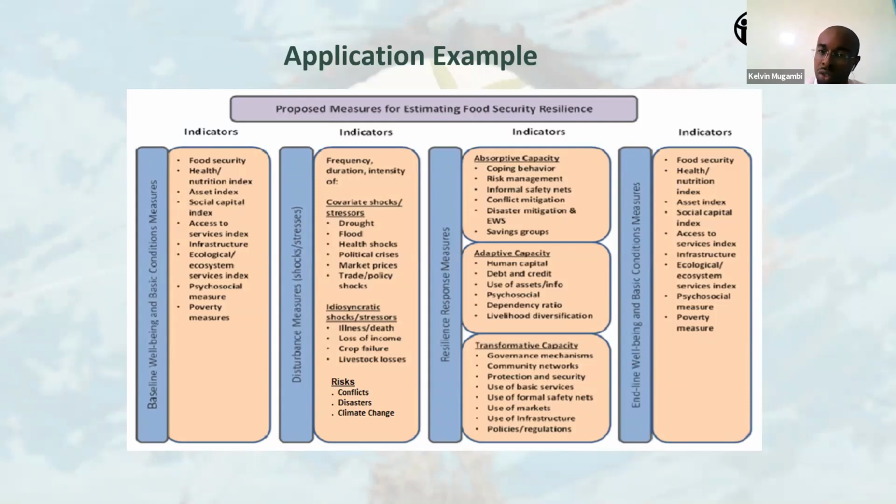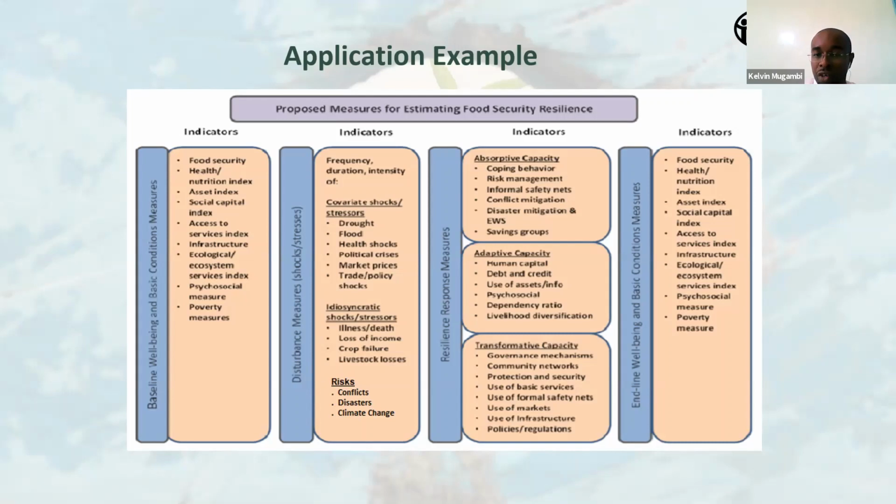We also look at conflict mitigation indicators as part of the absorptive capacity, as well as savings and loaning associations in the community and how they've managed to respond to the disturbance.